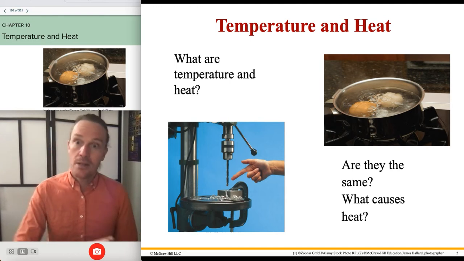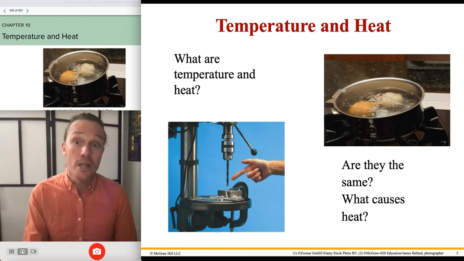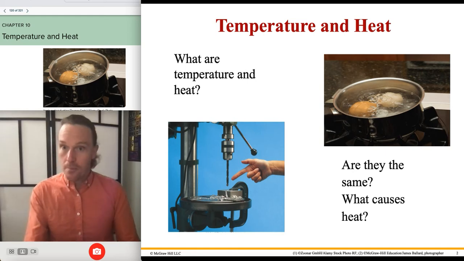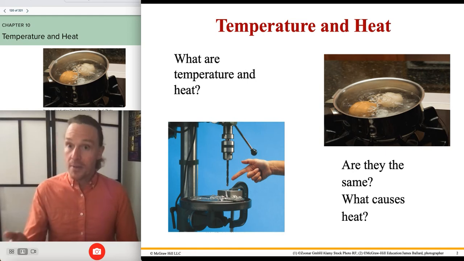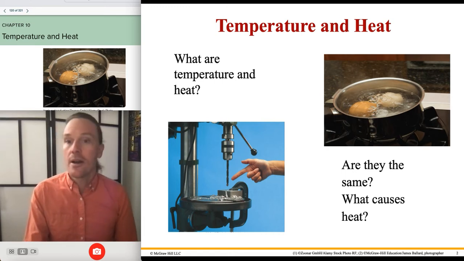So the calorie is an adjacent unit to the joule, both based on metric measurements, but the calorie is customized to water, to be used with boiling water, water reactions, and so on. So that's something to consider.